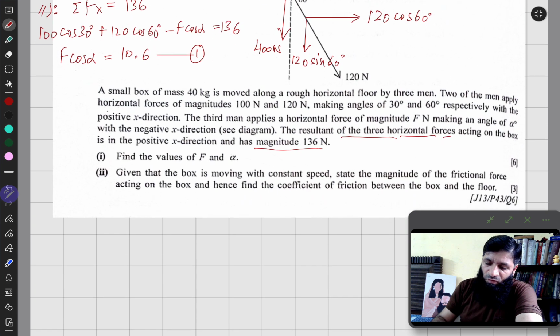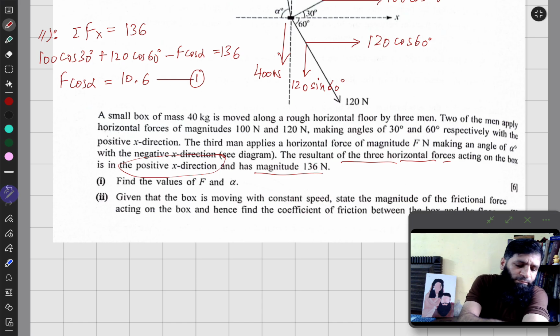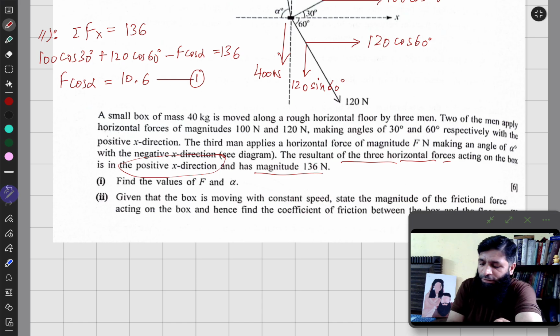Now, you can see in the statement that the object is moving horizontally. It means vertical forces will not have any effect. Vertically, the object will be in the state of equilibrium. You can also say that all downward forces will be equal to all upward forces. So if you talk about the perpendicular forces, summation Fy will be 0.